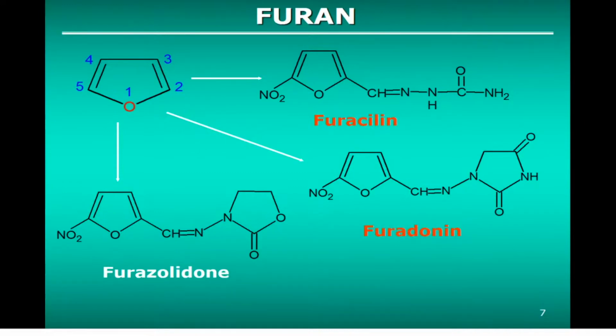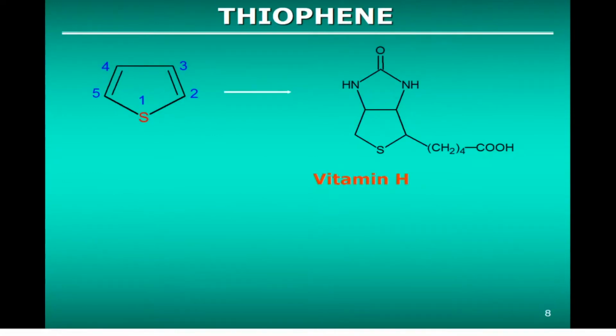Nitrofuran found some application in medicine as an antiseptic and antibiotic: furacilin, furadonin, and not often used now, furazolidone. As you see, they consist of alpha-nitrofuran. And thiophene is also not found too often; a derivative of thiophene is present in vitamin H, biotin.